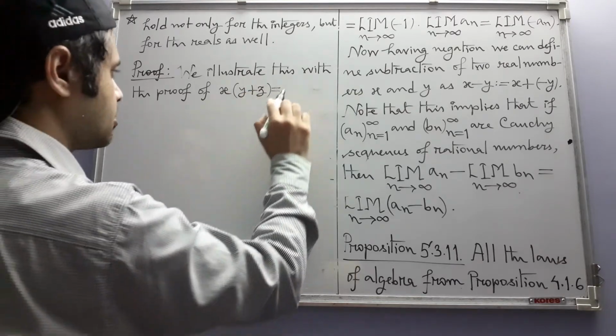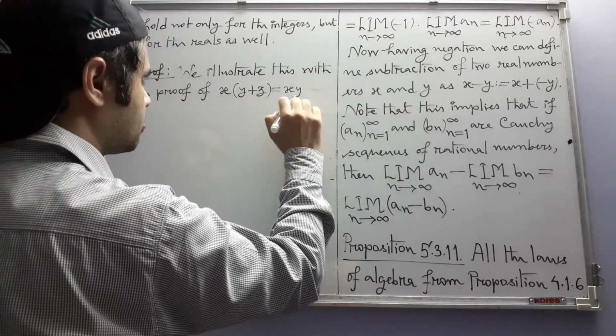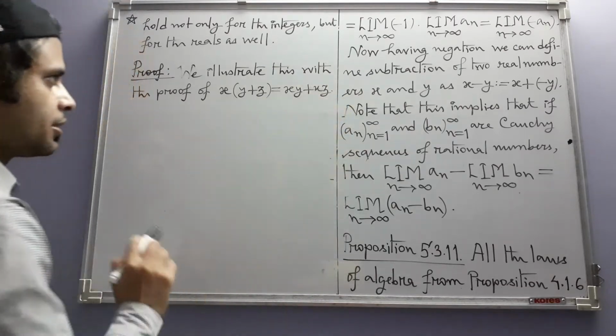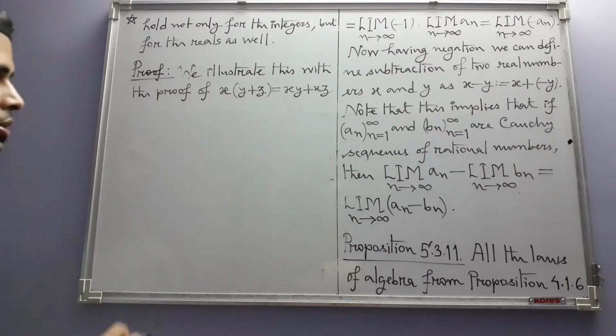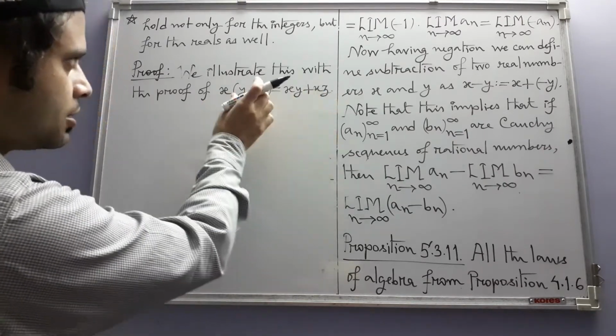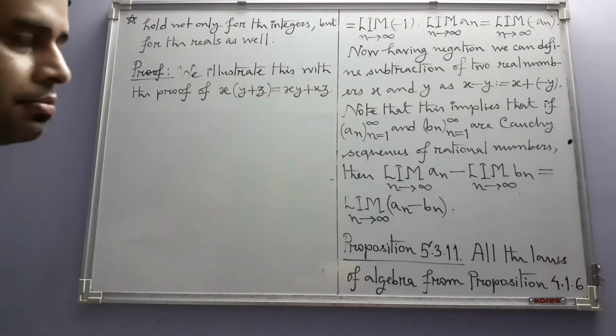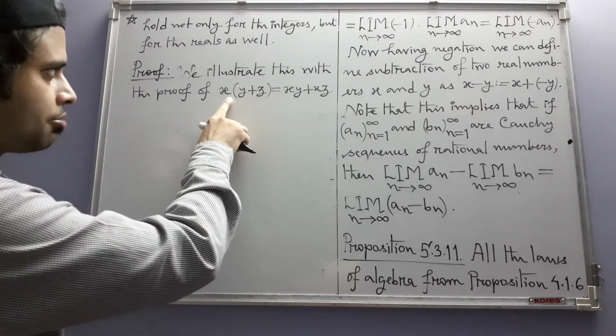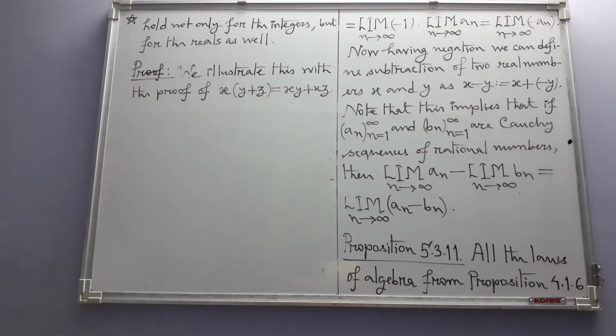It's one of the distributive laws. We often express this relation by saying that multiplication distributes itself over addition. Okay, so in that sense it is distributive law. It's a basic relation that relates the two operations, multiplication and addition.